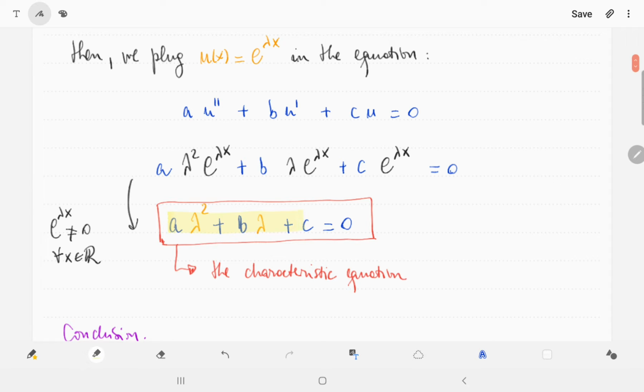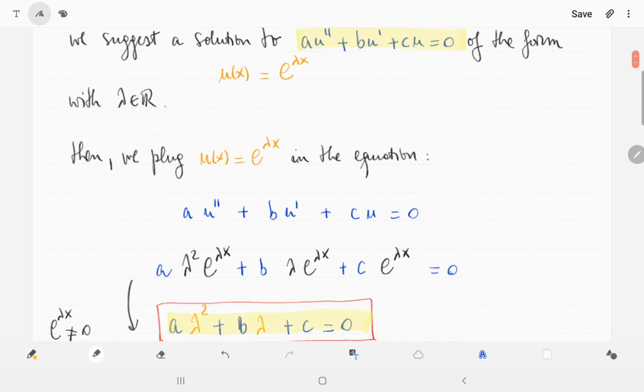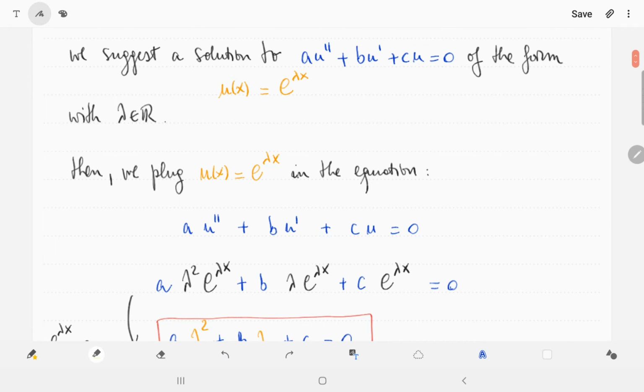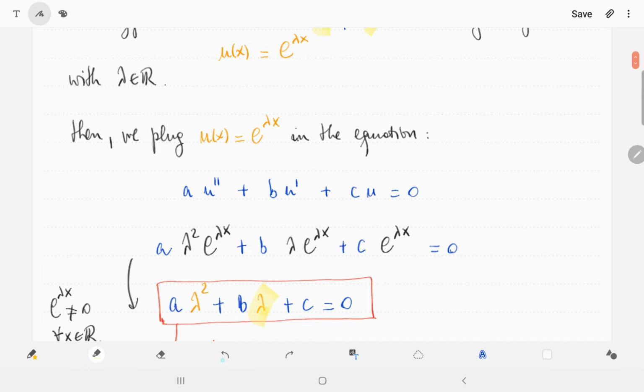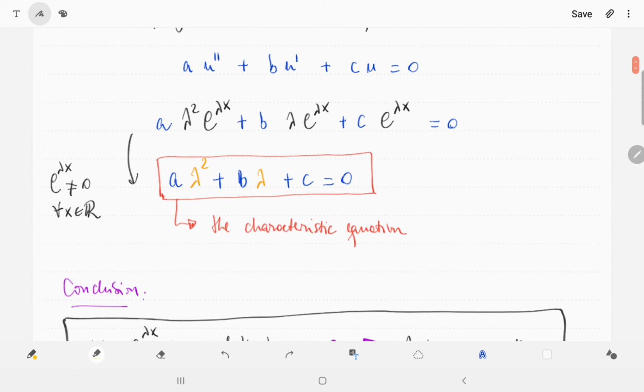Not exactly the same, but quite similar, just replacing u by 1, u prime by lambda, and the second derivative of u by lambda squared. This is how we get this equation, and this equation has a name, the characteristic equation.